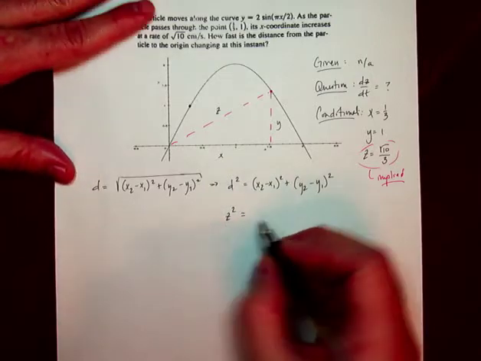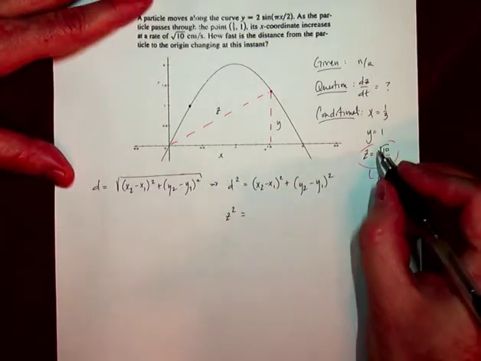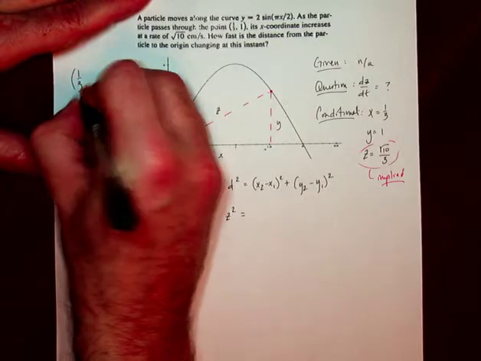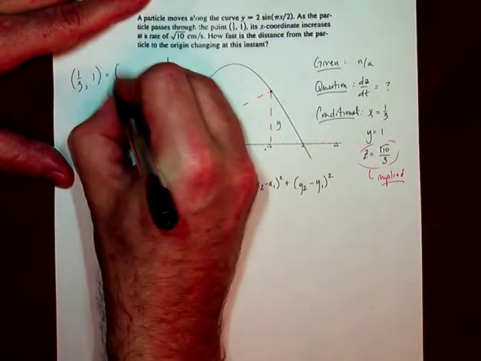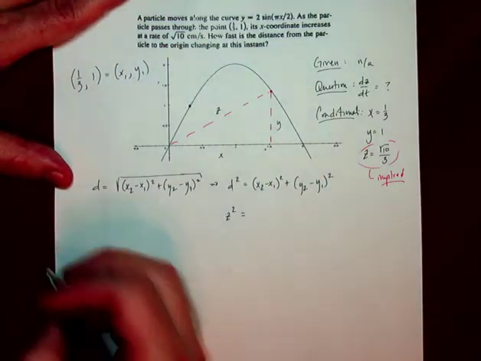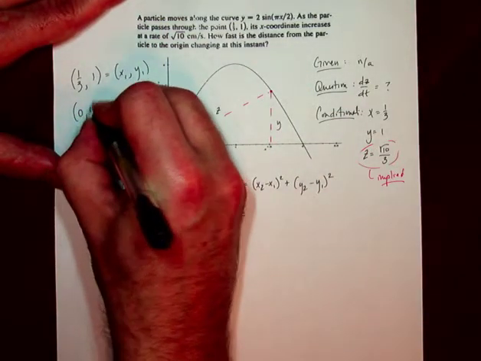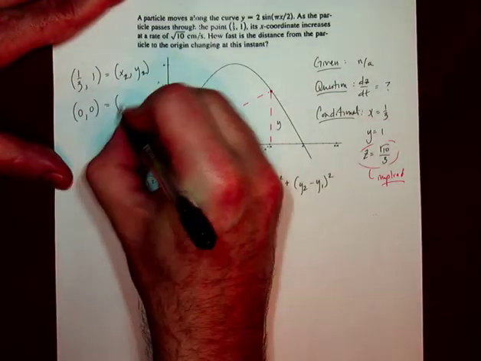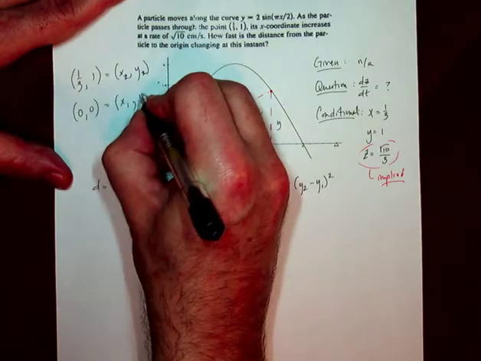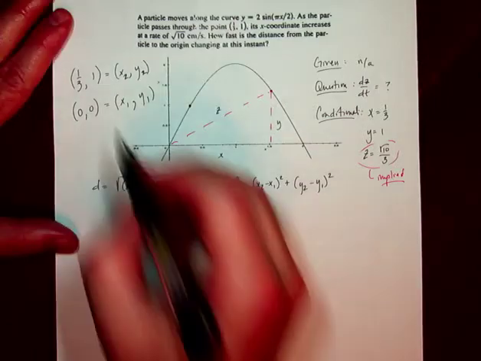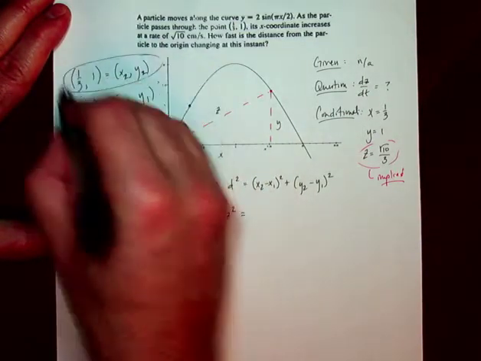So z squared, and in our case, this ordered pair right here, this (1/3, 1), is our x1, y1. But we're looking for its distance to the origin. Actually, let's call this x2, y2, so we don't have to reverse. Our origin is the second ordered pair, right? But the thing is that this is the instant at which it happens.